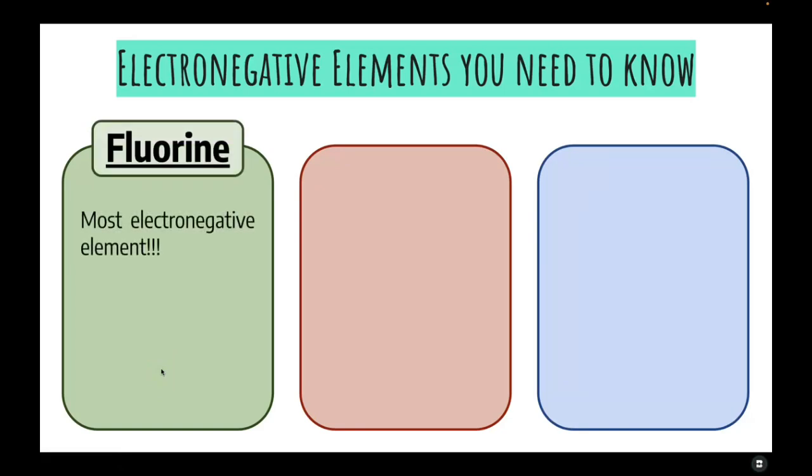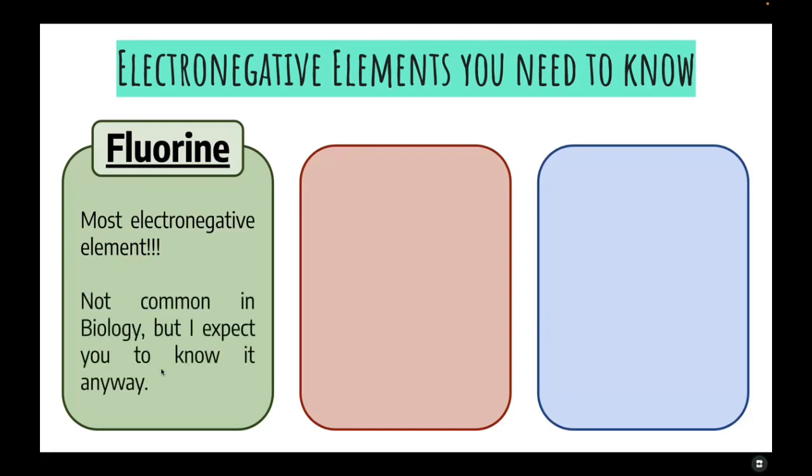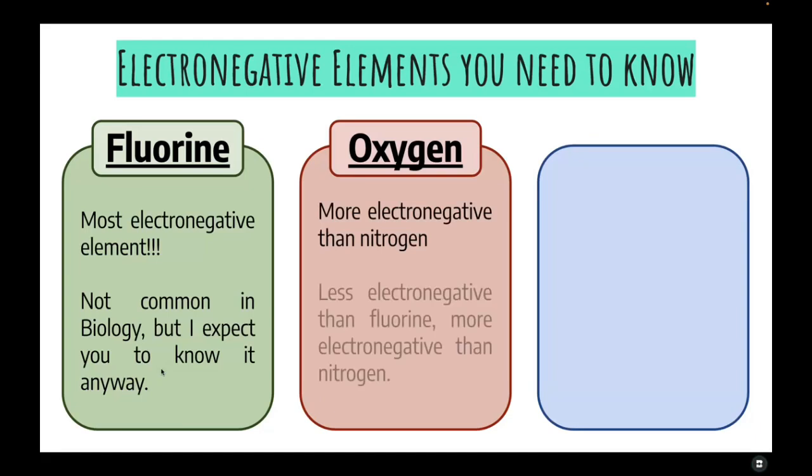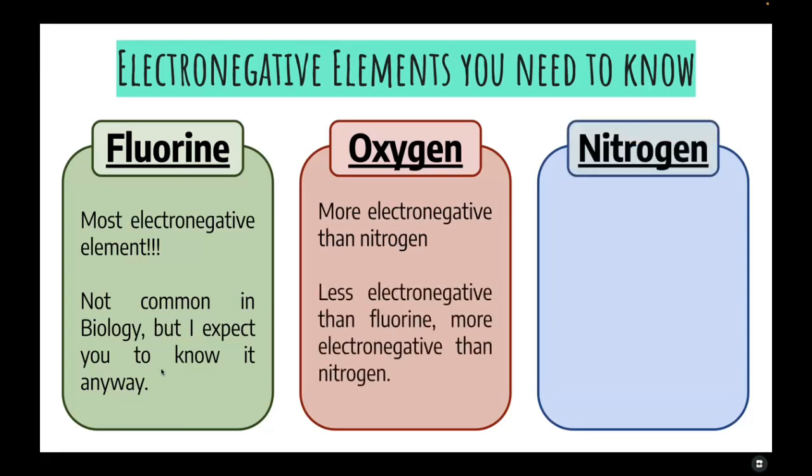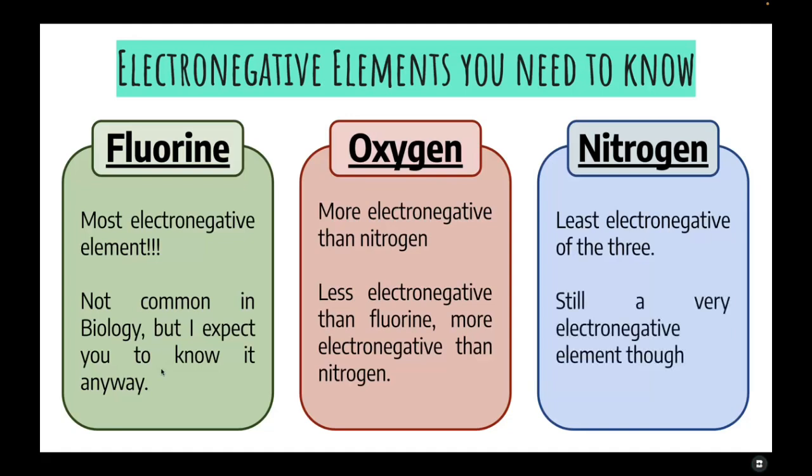Fluorine is the most electronegative element. It's not common in biology, but you should know it. Oxygen is more electronegative than nitrogen, but less than fluorine. And finally, we have nitrogen, which is the least electronegative out of these three, but it's still very electronegative.